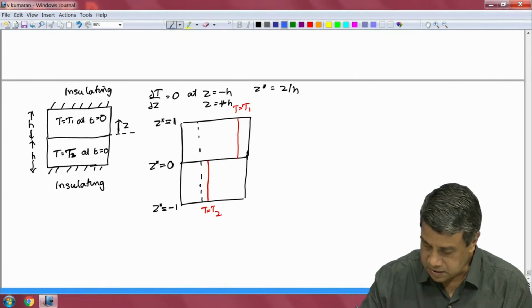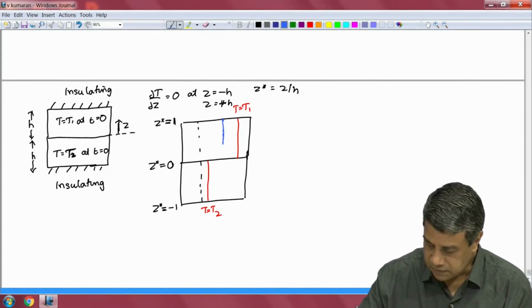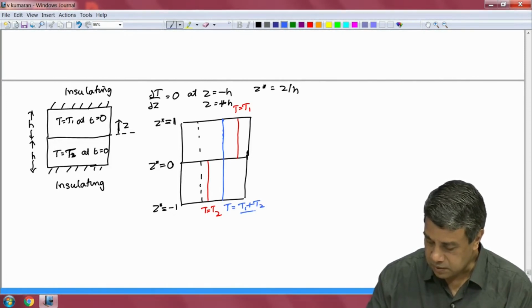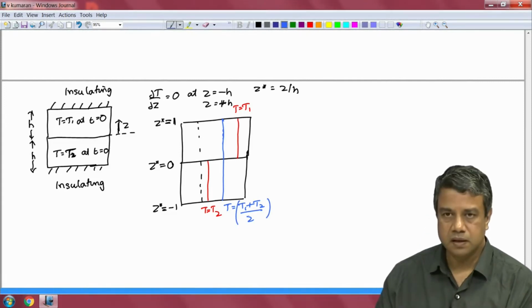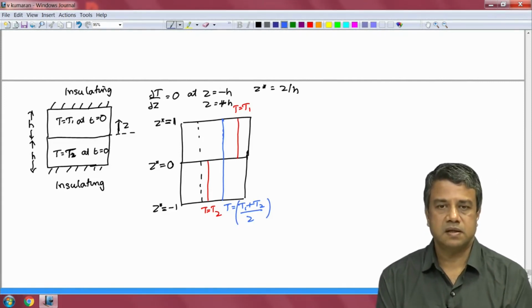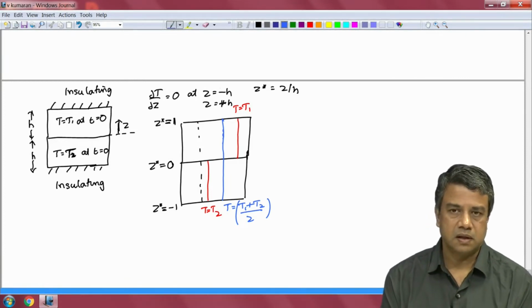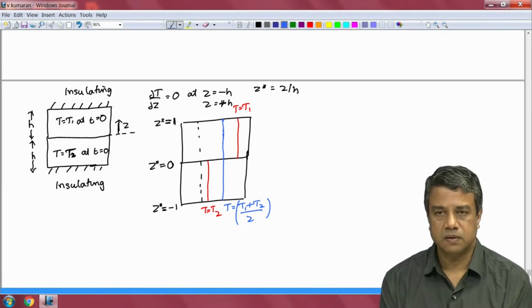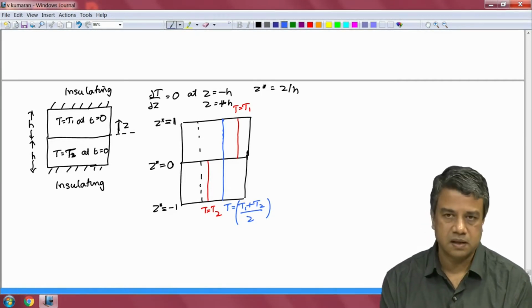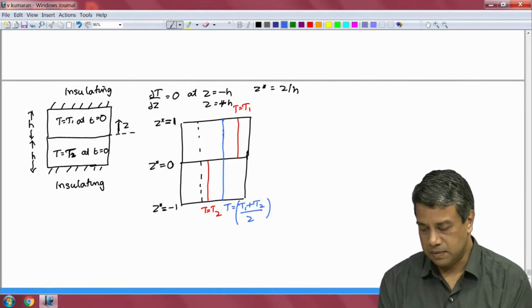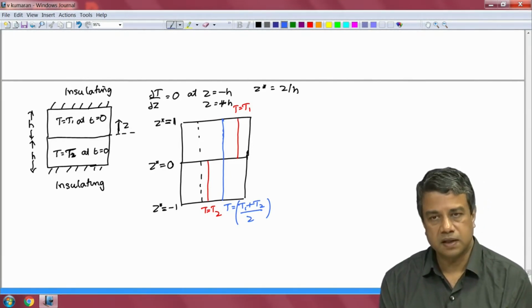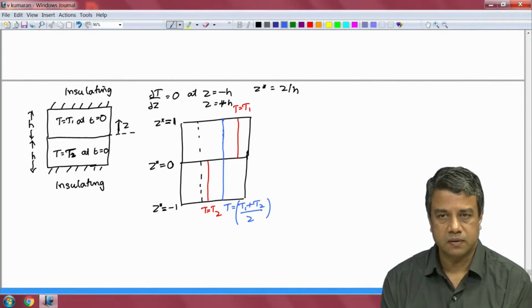What that means is that since the blocks are identical, in the final steady state the temperature T is equal to T1 plus T2 by 2, okay, because rho Cp times T has to be the total thermal energy. So, the initial thermal energy, that is rho Cp into T1 times the height h for the first slab, plus rho Cp into T2 into h for the second slab, has to be equal to the final temperature times rho Cp into 2h.